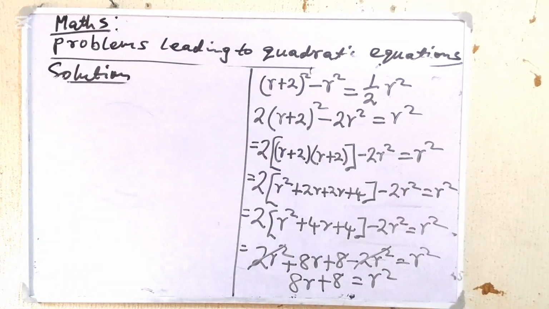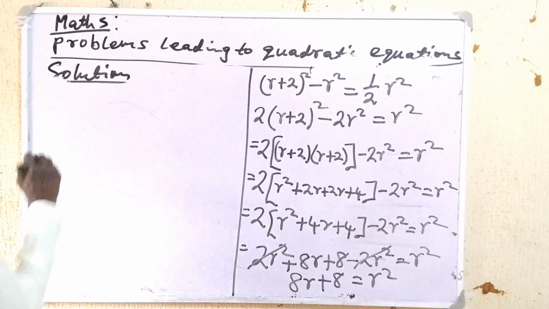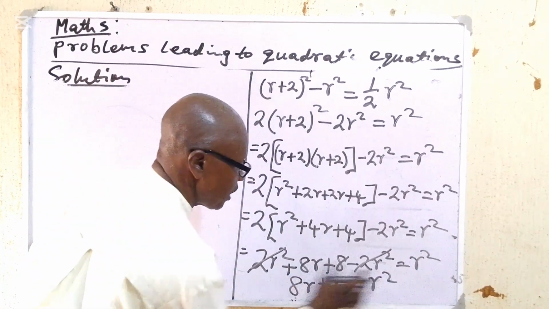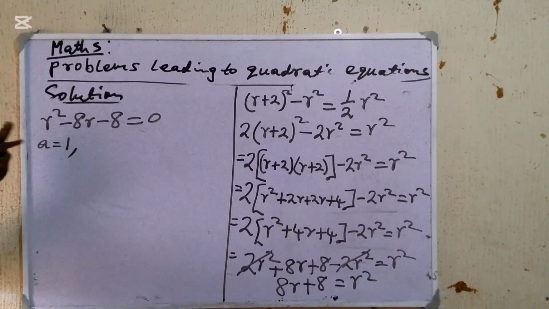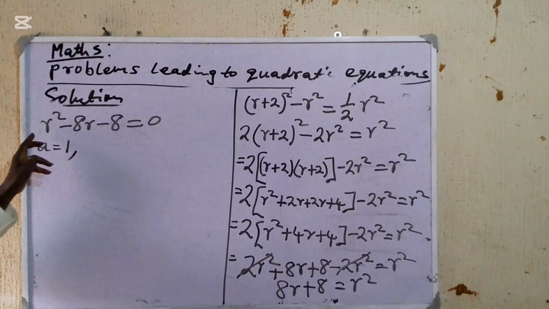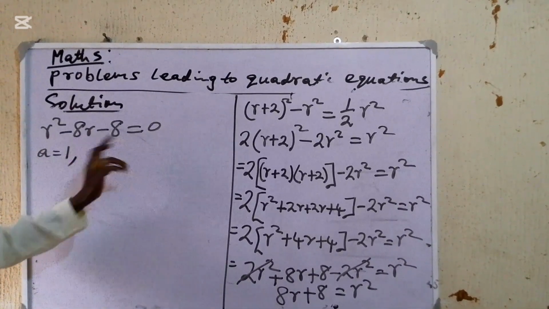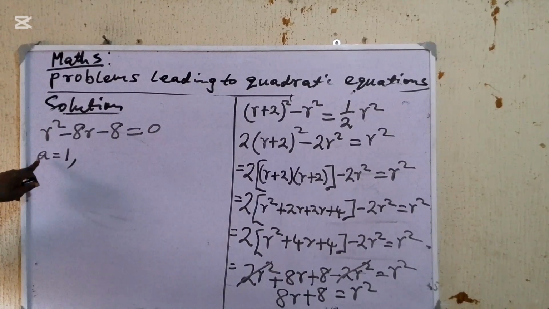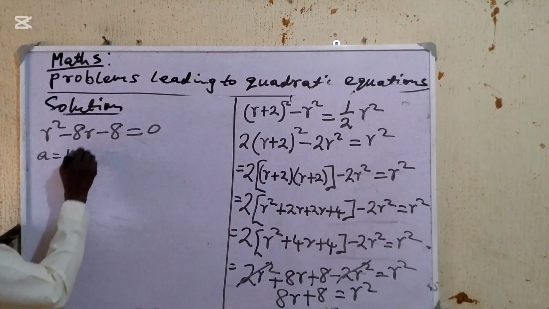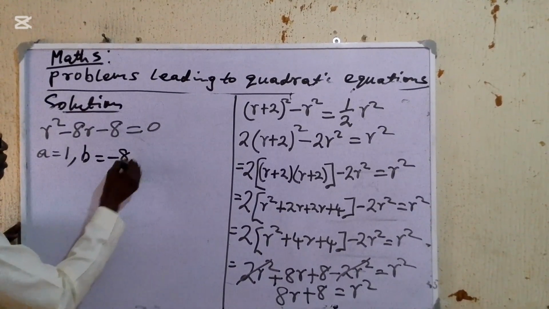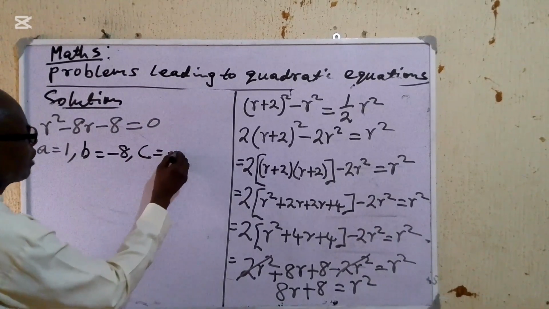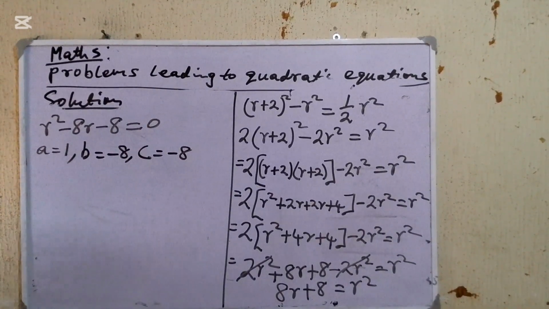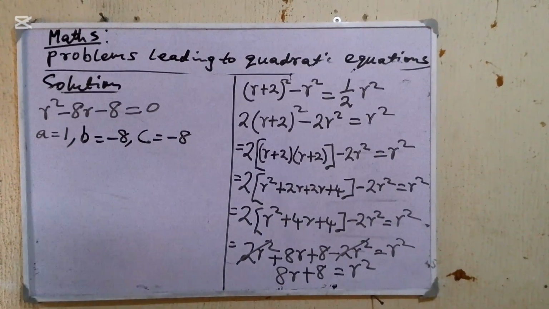So in doing that, I'm bringing everything from here to this side. As I said earlier, this is the general form of a quadratic equation, and in this case we have our a is 1, our b is minus 8, and our c is also minus 8. So we have to substitute into the formula.